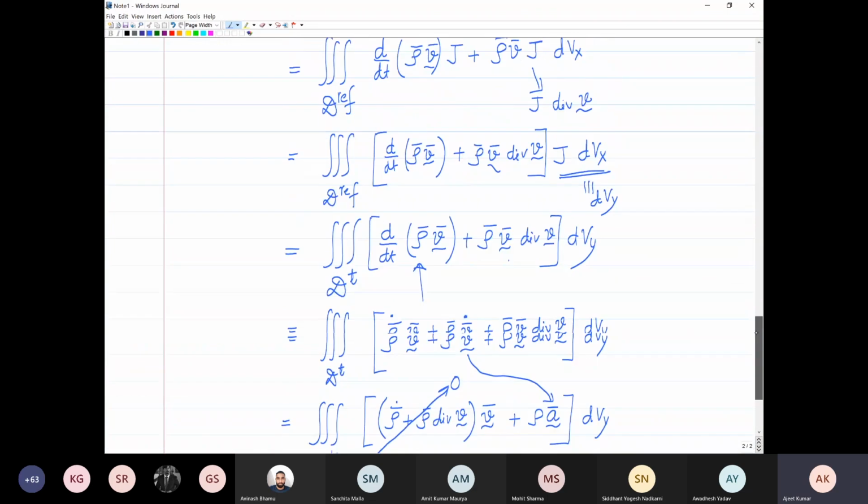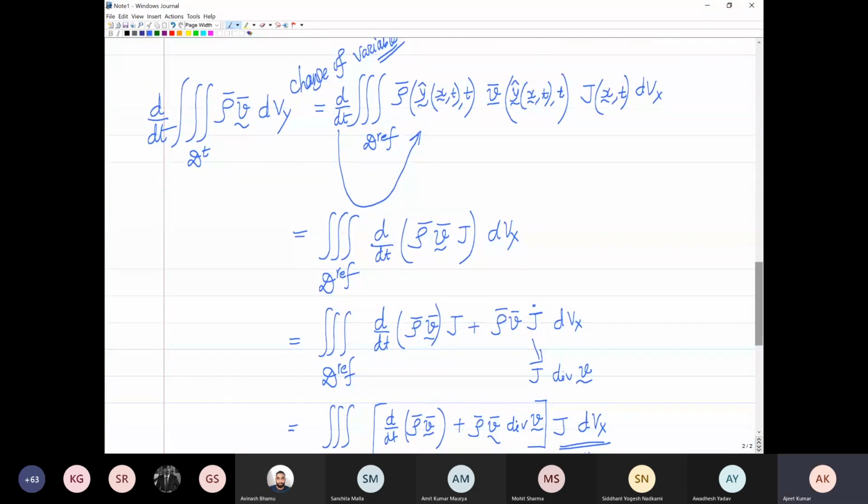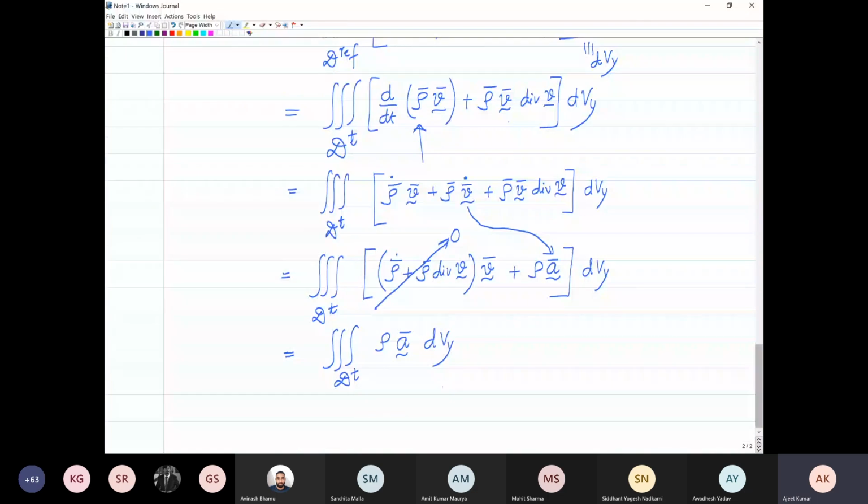So you see, we started with something very simple. Along the way, it became quite messy, right? But finally, it again became quite simple.